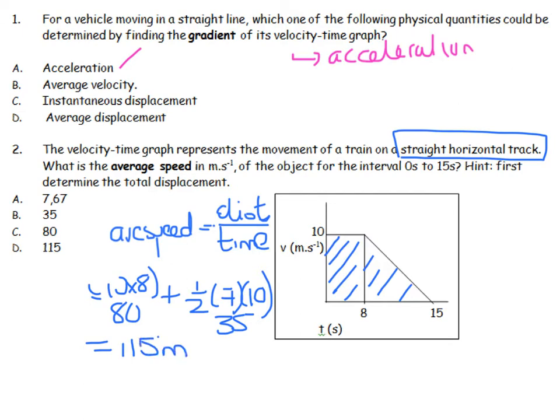I have to divide that by the entire time, so I divide that by 15 seconds. And that is going to equal 7.67 is the average speed, so it's meters per second.